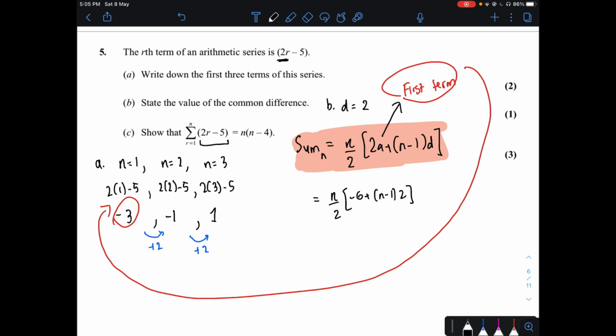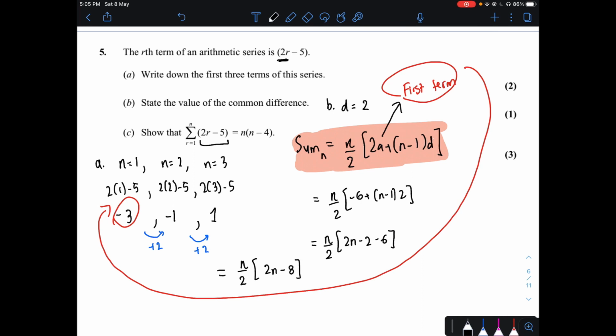So we know what we're doing here. Now all we have to do is simplify. So n over 2, let's expand the bracket. That will be 2n minus 2 minus 6. Simplifying even further, that will be n over 2 times 2n minus 8.